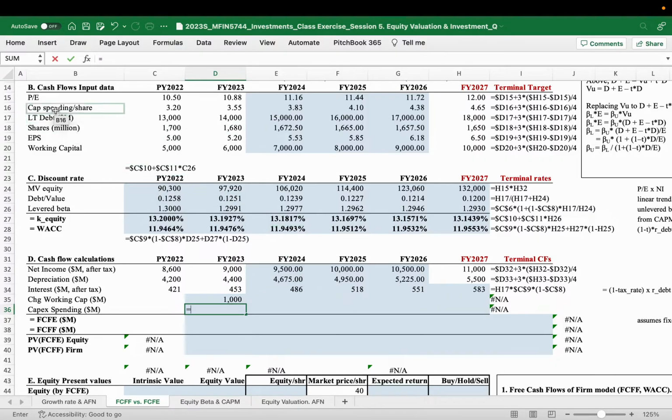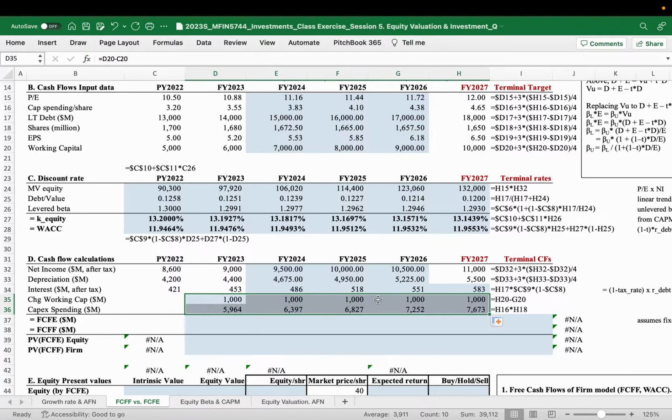We have the capital spending assumption here, capital spending per share times the number of shares. Okay, then let's drag to the right.